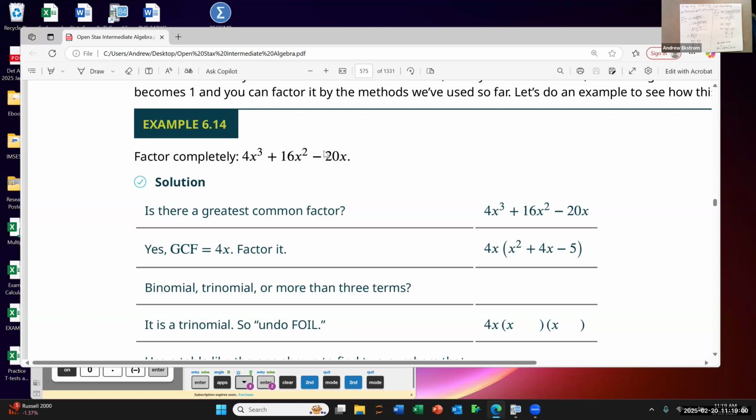So you pull the x out in front. A is 4, B is 16, C is -20. Put it into the formula, calculate your values of x. Done. If you see that you can pull the 4 out of there, awesome. If you don't see that you can pull the 4 out of there, don't worry.